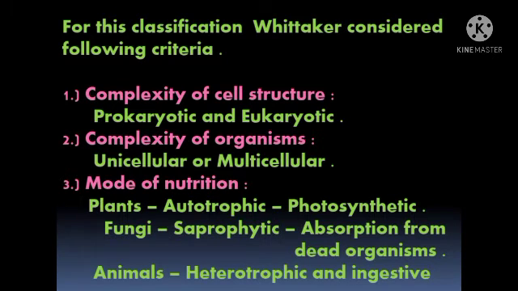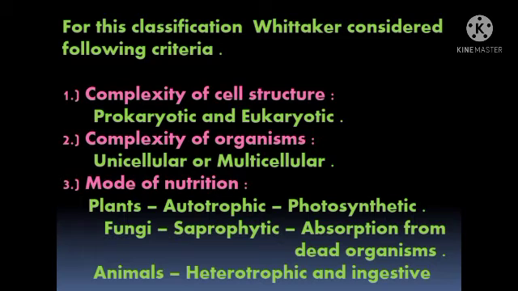Second criteria for classification is complexity of organism. What does complexity mean here? Here, complexity means the number of cells present in a particular organism. Two terms are given. First one, unicellular or multicellular.